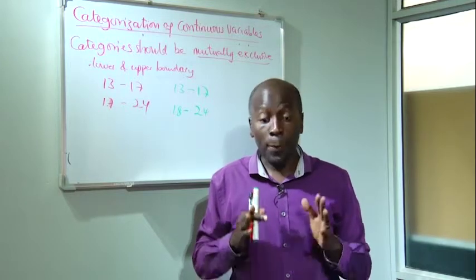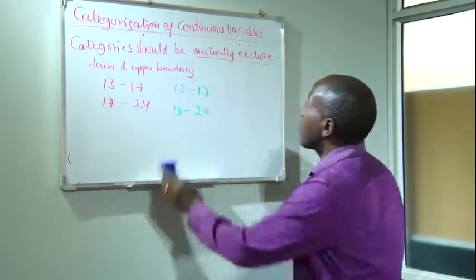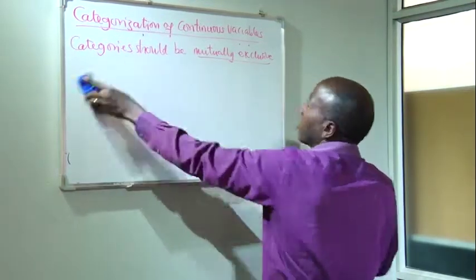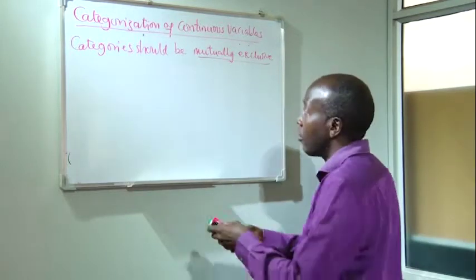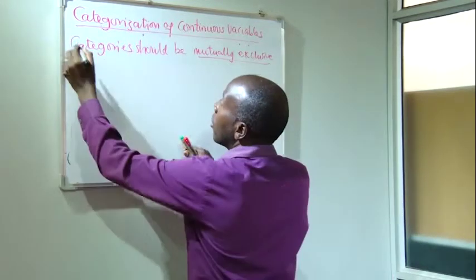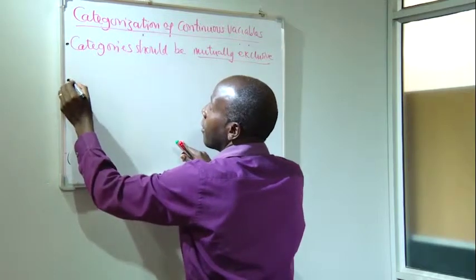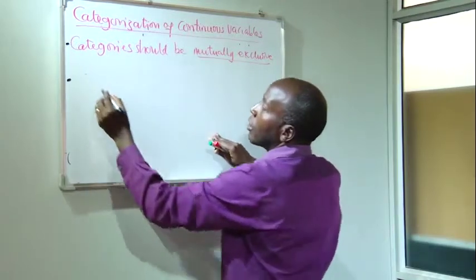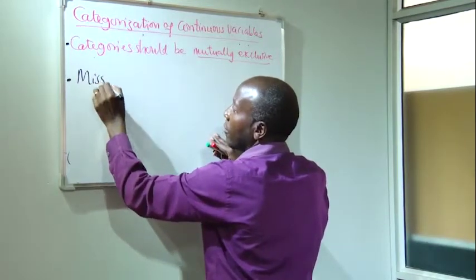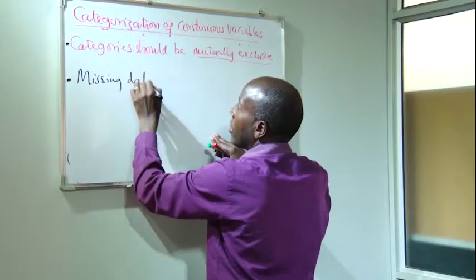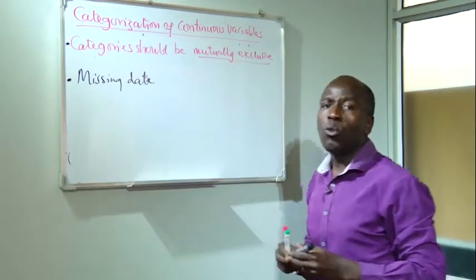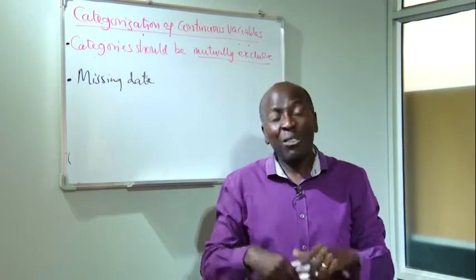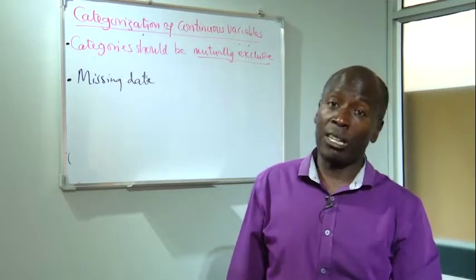That is quite important. Now, the other thing we have to pay attention to when we are categorizing a continuous variable is the issue of missing data. Depending on which software you are using, you have to understand the default handling of missing data.